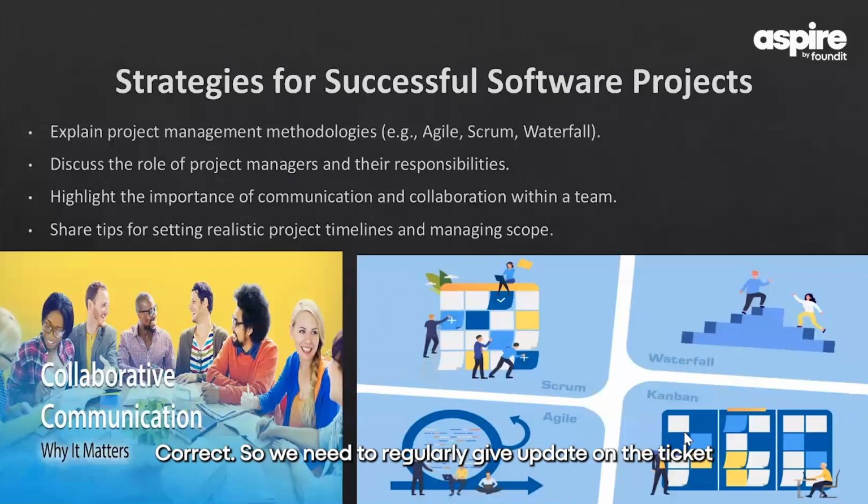We need to regularly give updates on the ticket when we meet in the stand-ups. There is a concept of stand-ups as well. So these are the few things that we need to take care of, that we do in case of Scrum and Agile methods.